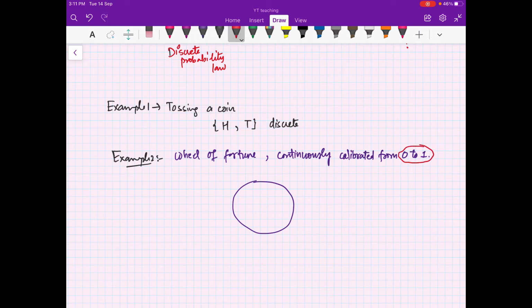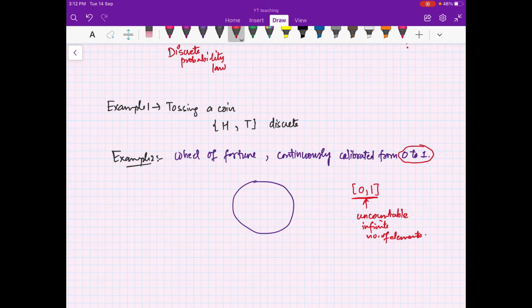Now if I ask you how many numbers there are between 0 and 1, you basically have an interval of possible outcomes, and this interval has uncountably infinitely many elements. So now the question is, how do we assign a probability law in this case?